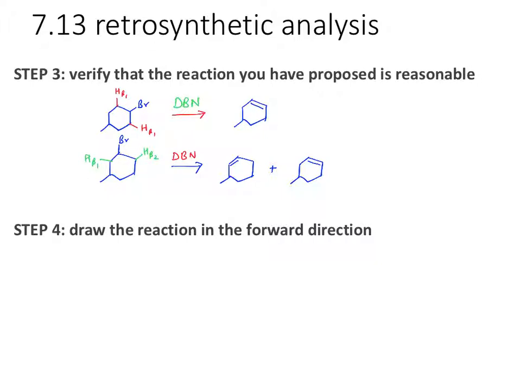So we are interested in this product, and so the top reaction, which gives only the desired product, is going to be the preferred pathway to make the molecule that we want. The second substrate is not so good because it will result in a mixture of two products.